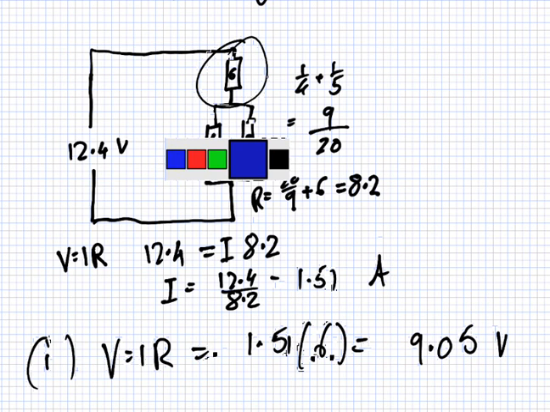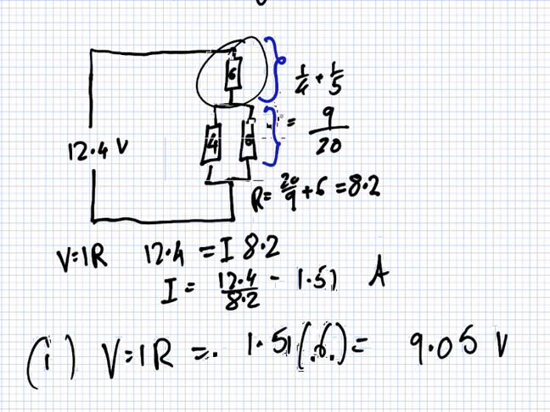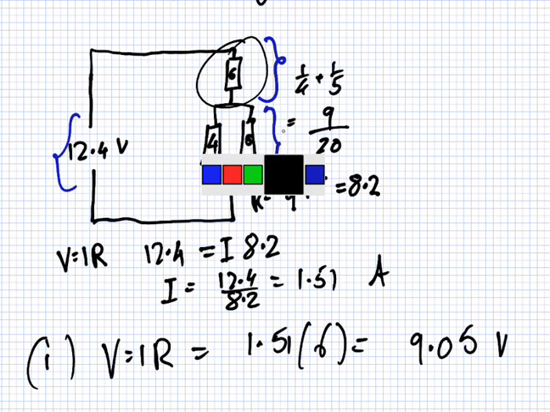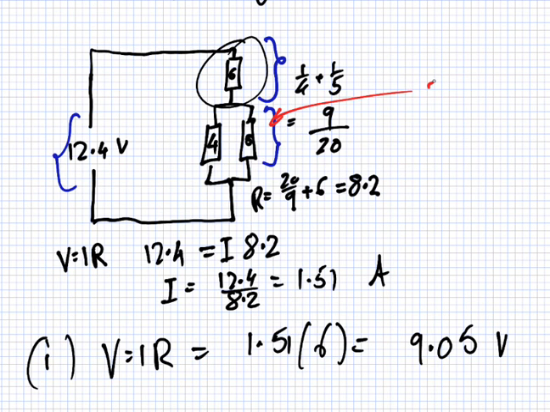Yes. If the voltage here is 9.05, then the voltage here must add together to make 12.4. So what's the voltage here? 3.35.